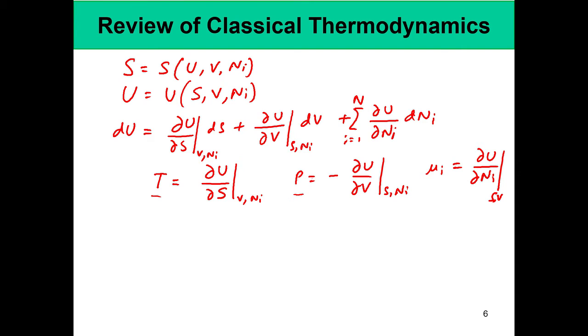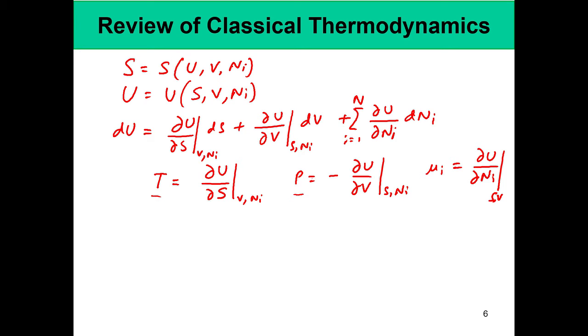Similarly, for chemical potential, if you have a composite system divided into two parts, and mu 1 and mu 2 are equal, that is the chemical potential of one system is equal to the chemical potential of the other, and these two systems are separated by a permeable wall, then the matter flow will stop when mu 1 equals mu 2.